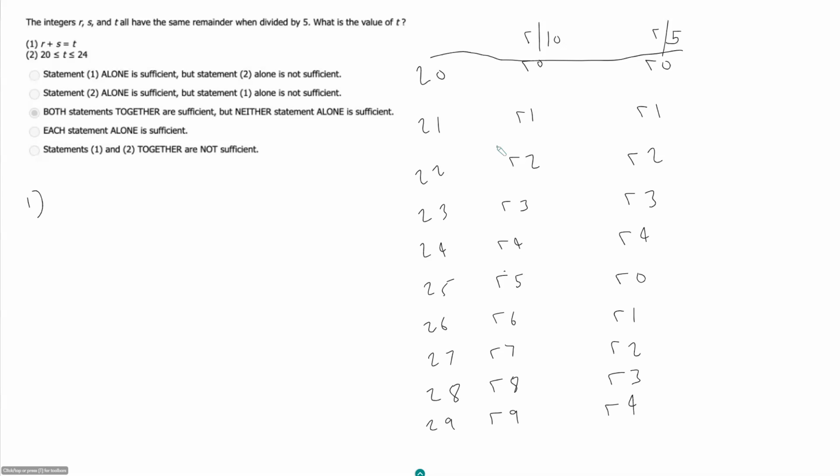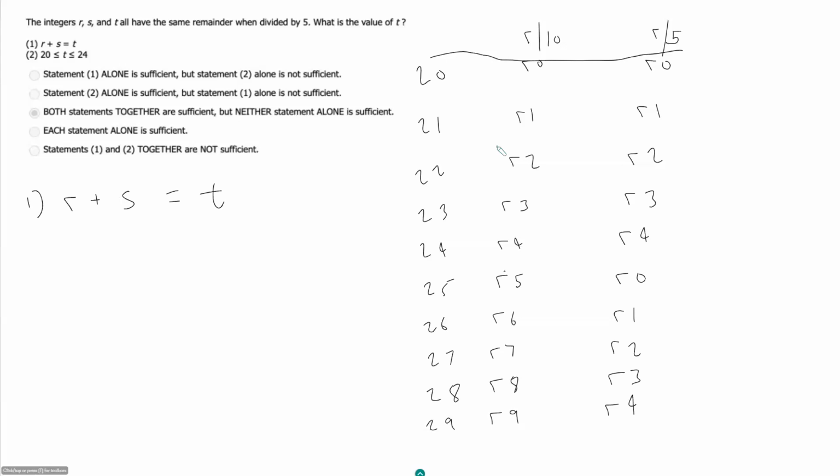So statement 1 says r plus s is equal to t. So if we want to come up with some examples of what t could be, and we need to make sure that our values for r and s have the same remainder, the easiest examples to come up with should be ones where r, s, and t are multiples of 5.